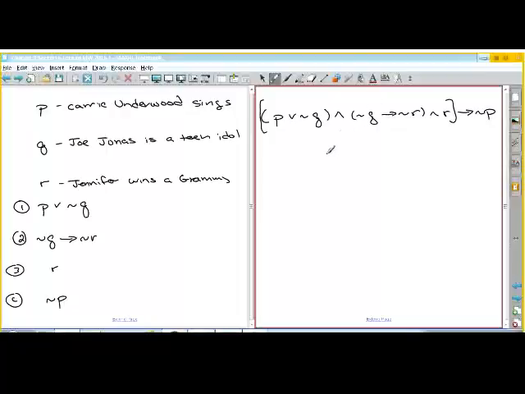So we need to determine how big a table we need now. Since we have P, Q, and R, that means N is equal to 3. So we have 2 to the N, or 2 cubed, which is 8. And then we take 8 plus 1 equals 9. So we need 9 rows.